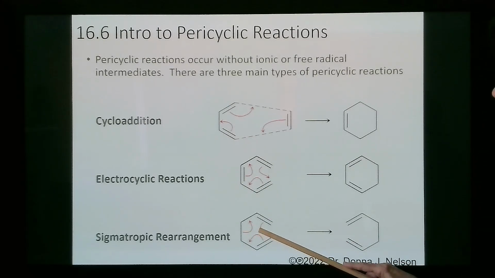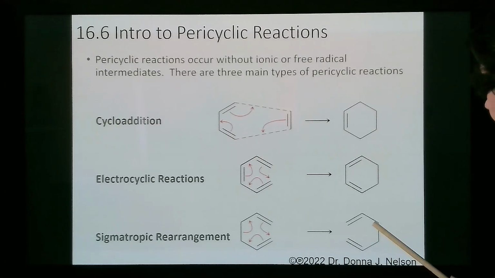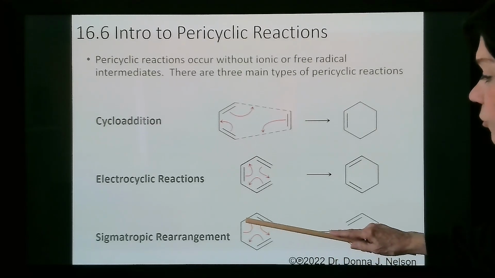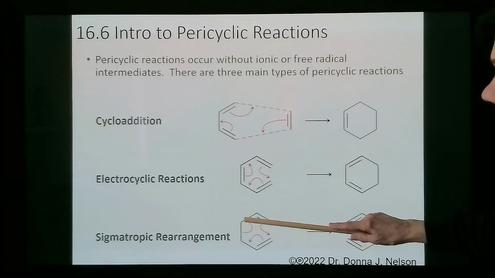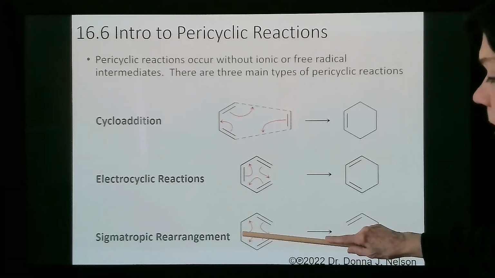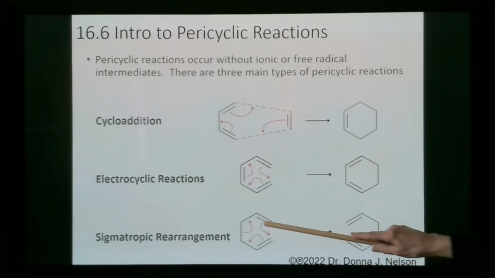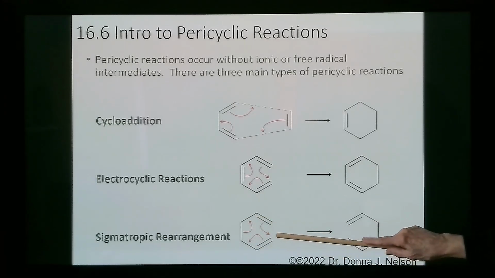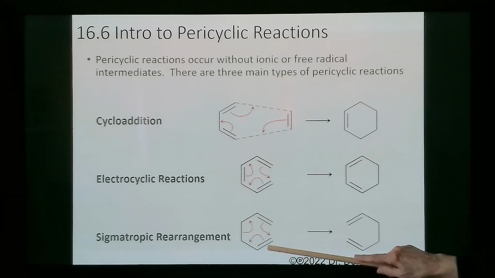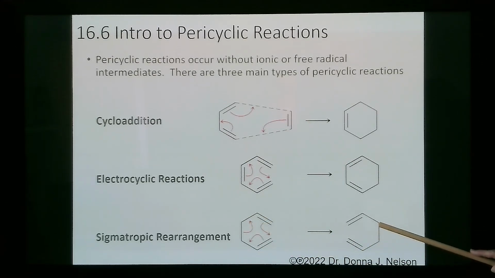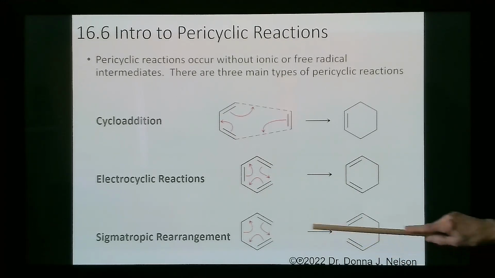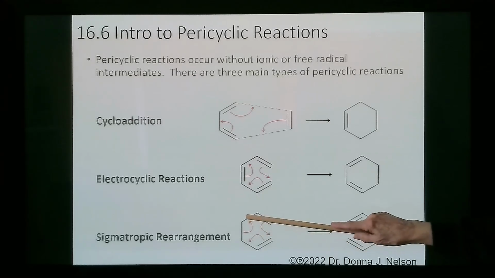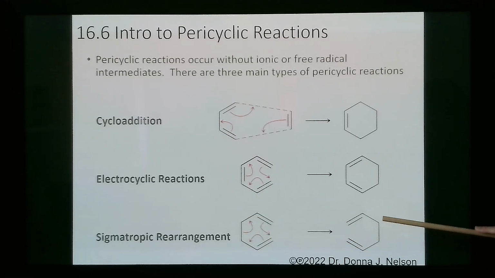And so here the electrons are flowing again in a circle, and the sigmatropic rearrangement amounts to a sigma bond migrating down 2 pi systems. This is a pi system over here, this is a pi system over here, and now the pi systems have rearranged. Now you have the pi system here and the pi system here, and this sigma bond has migrated from one end of the molecule to the other.